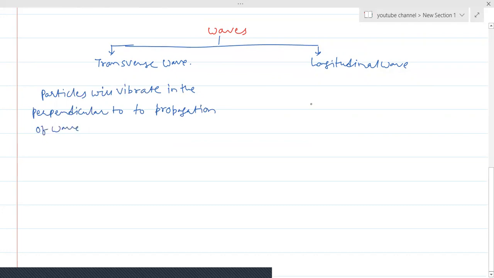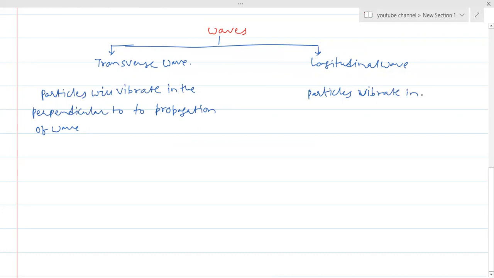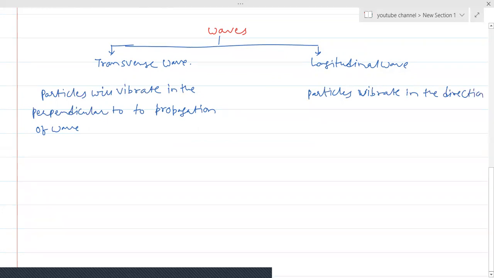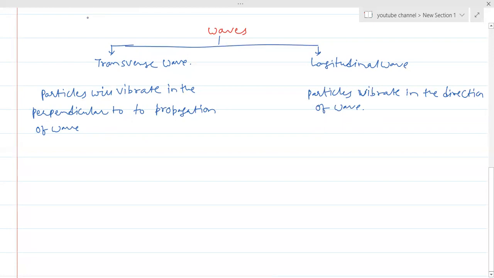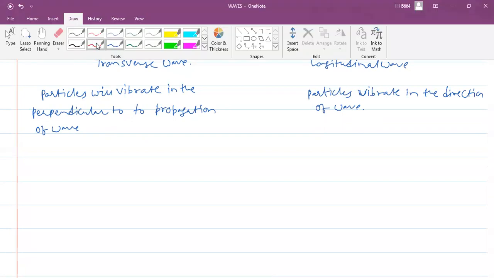When we think of a longitudinal wave, the particles vibrate along the same direction of the wave, or in the direction of the wave.